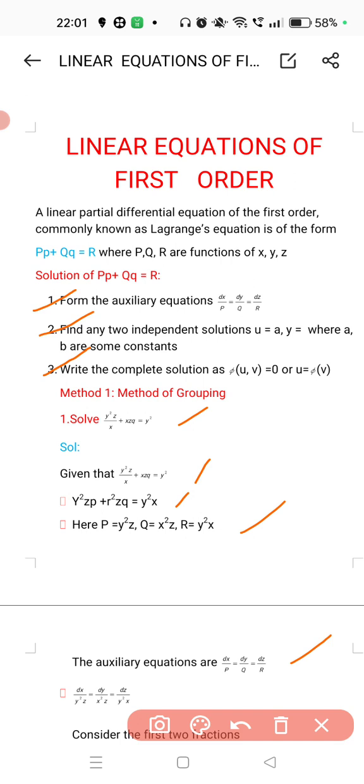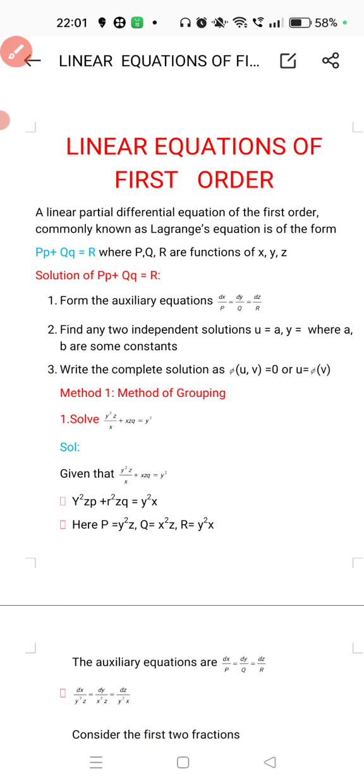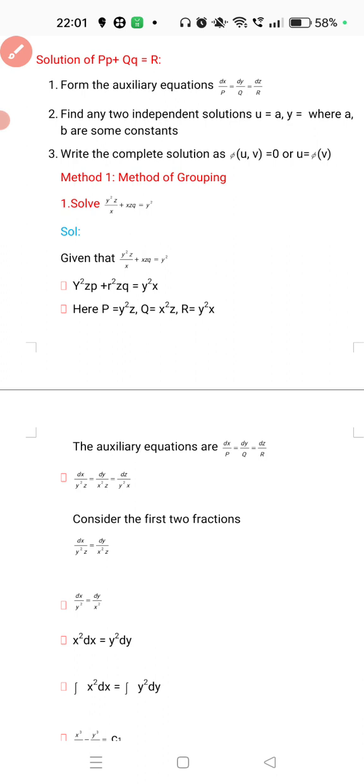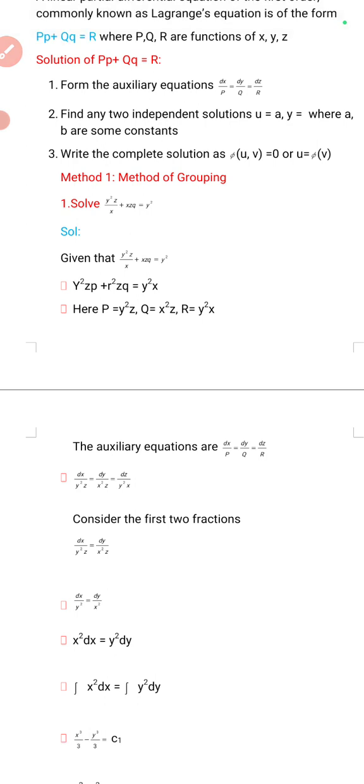So substitute the values: dx by y square z equal to dy by x square z equal to dz by y square x. Now, as stated before, we must regroup the fractions.